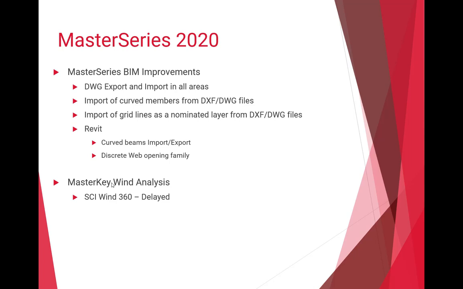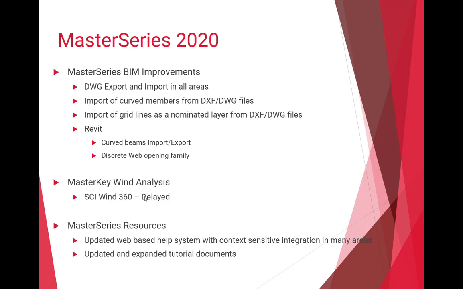So we were super excited with the SCI Win360. Unfortunately, there's been a slight delay on the SCI side in terms of bringing that online and provisioning that. So as soon as that's available, we're ready to go in terms of the implementation of that, and we'll keep you up to date when that is announced.